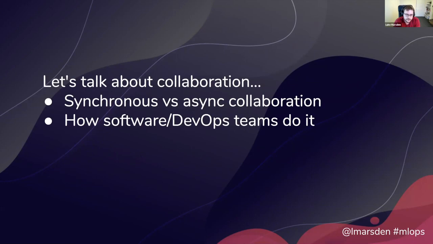There are two fundamental modes of collaborating between different people doing work: synchronous and asynchronous. Synchronous collaboration is when people are sitting in a room together and interrupting each other when they have a question and when they need to get something done.